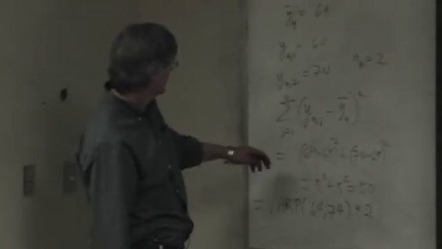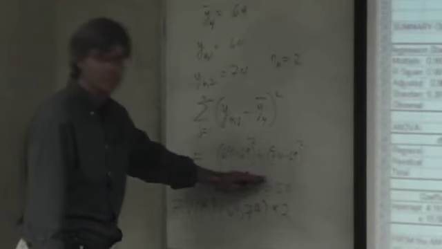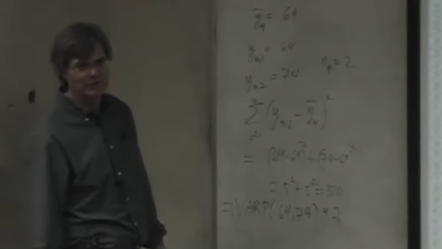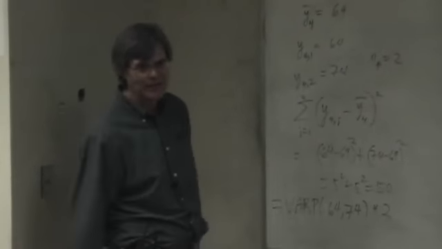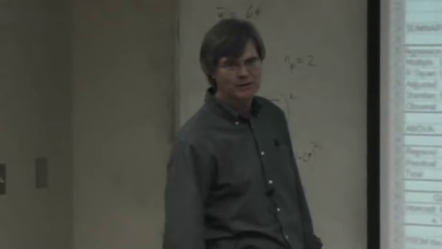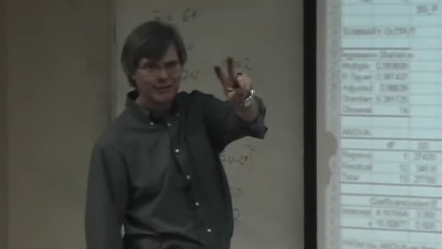So the population variance would take this plus this squared and divide by 2, instead of dividing by 1, because the population variance divides by n, not n minus 1. So that was a quick and dirty way to get that sum of squared deviations about the sample mean for a sample of size 2.